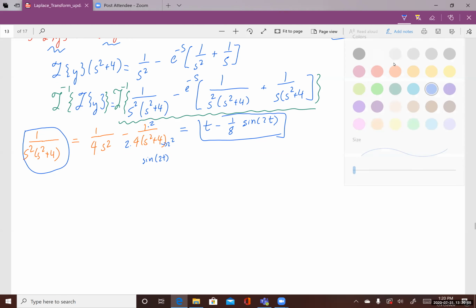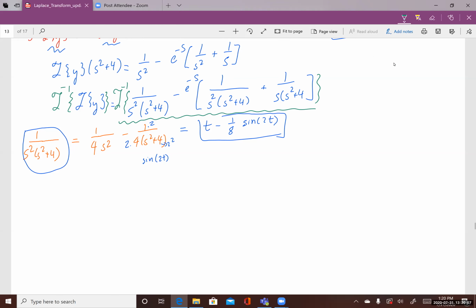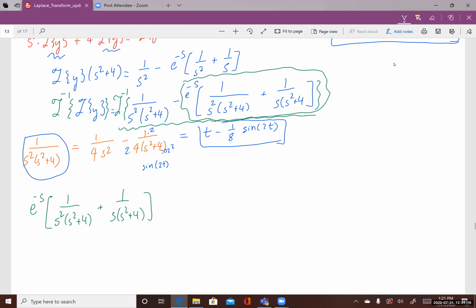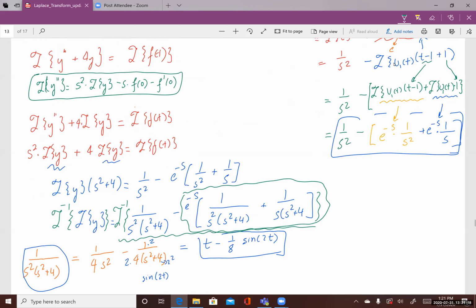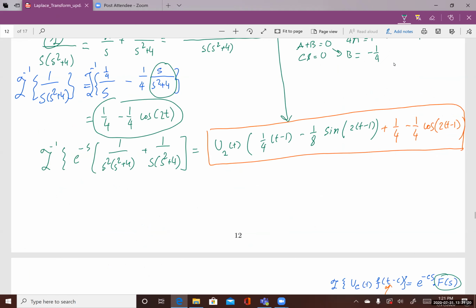Okay. For this part right here, e to the negative s times 1 over s squared plus 4, plus 1 over s squared plus 4. We already went over this problem in the previous video. It is here.